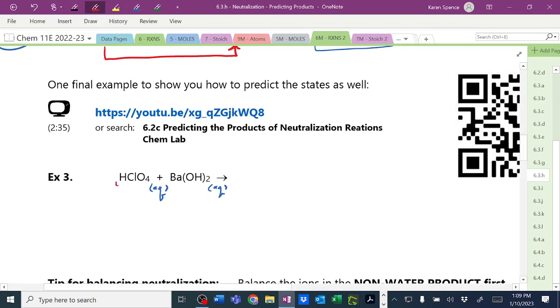Our outside ions, H is getting together with OH, that's easy. HOH. And then BaClO4.